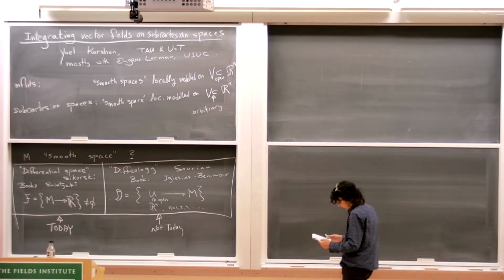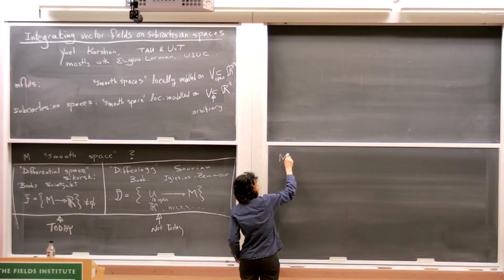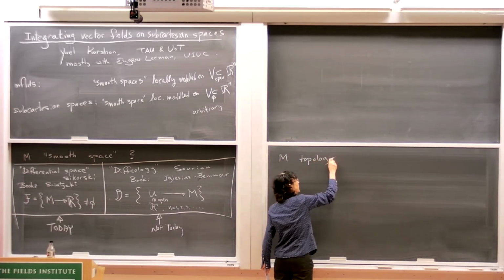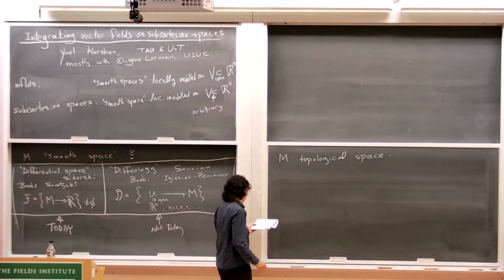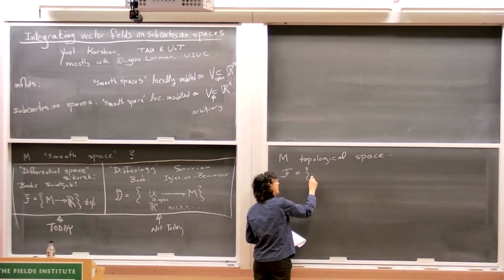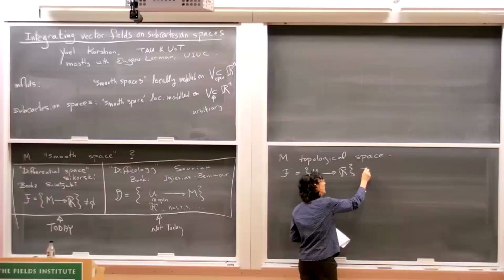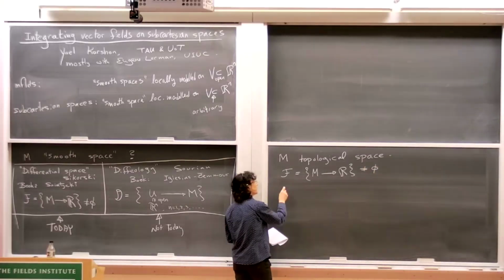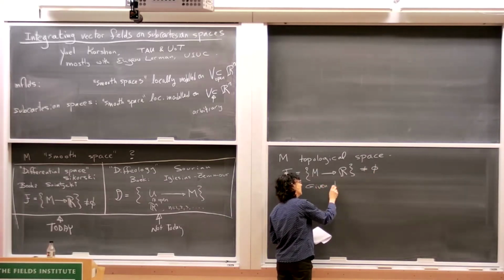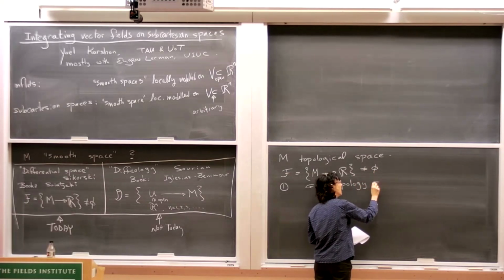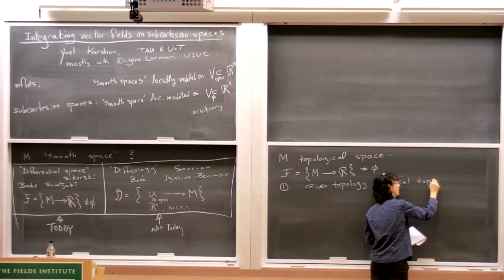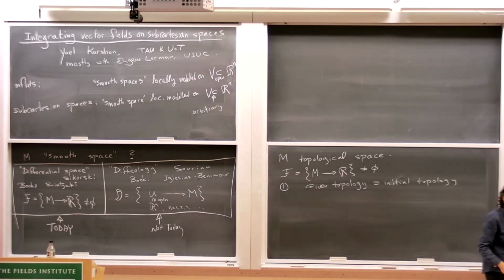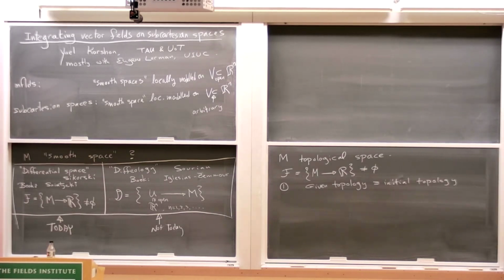So I did explain smooth space, except I did not write the axioms, and I still need to explain locally modeled. So the version that I will take today is that my set will be equipped with a topology, but the very first axiom will be that the given topology coincides with the initial topology, namely the smallest topology for which all the functions in our collection F are continuous.